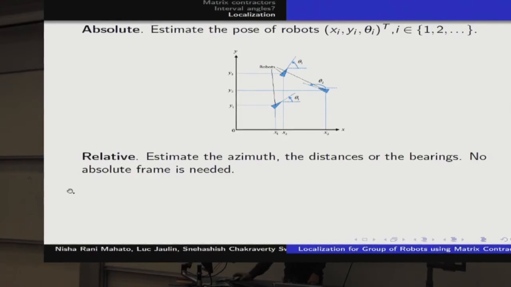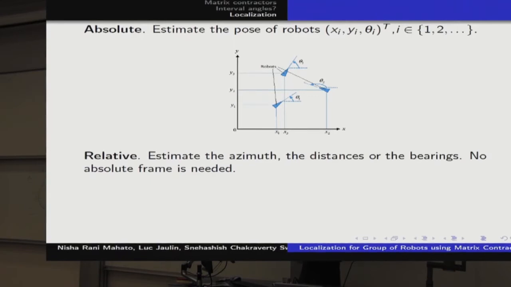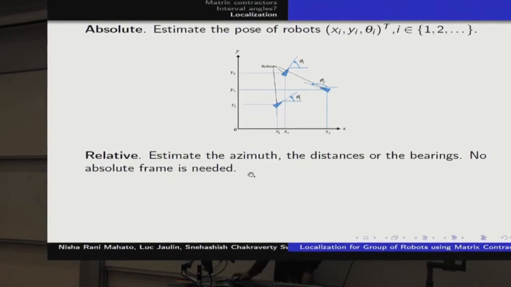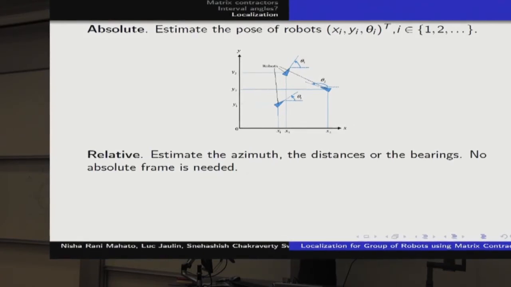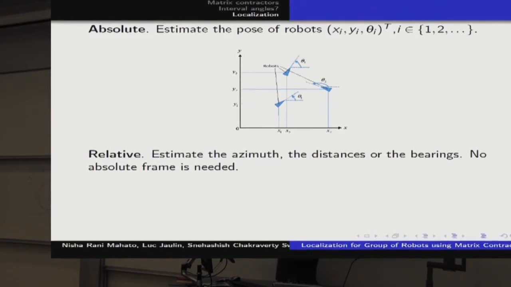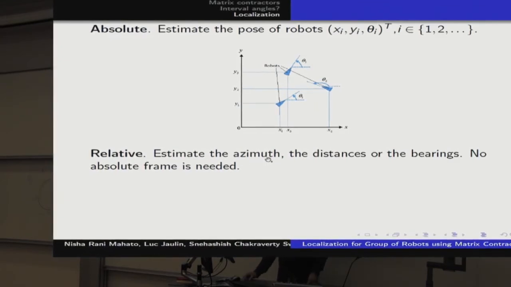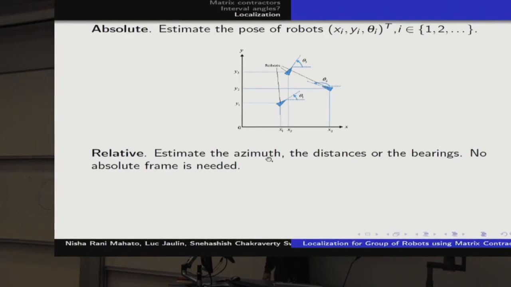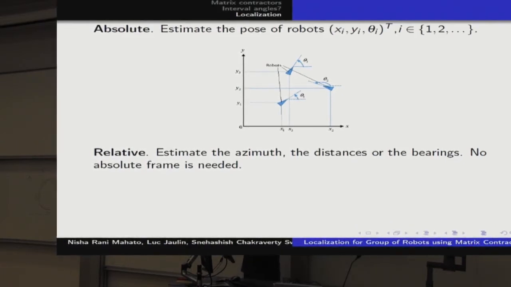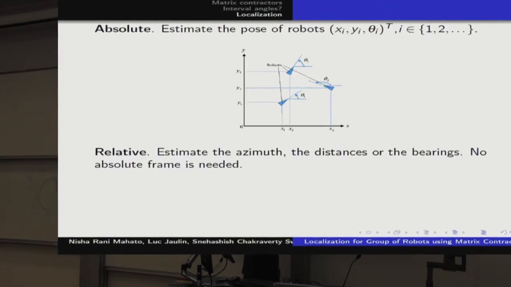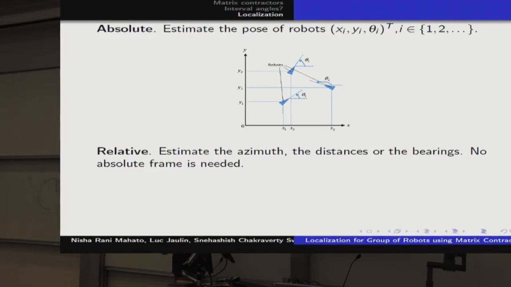So we can only build a relative localization, and the measurements we can make are most of the time angles and distances. Here we will focus on azimuth. Azimuth means if the north is there and I see a robot there, then the azimuth corresponds to this angle. The bearing corresponds to an angle with respect to your heading.